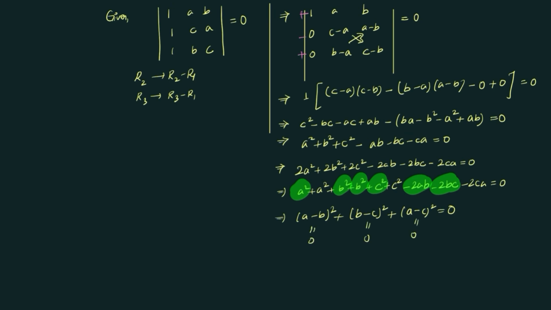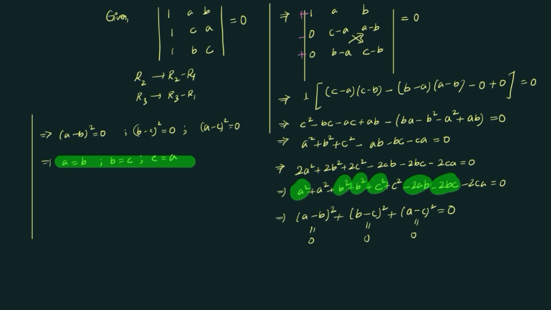It implies a minus b whole square equals 0, b minus c whole square equals 0, and a minus c whole square equals 0. So from this we will get a equals b, from here b equals c, and from here c equals a, or a equals c.